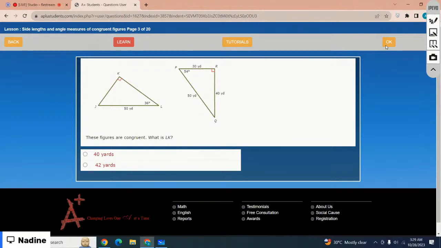These figures are congruent. What is LK? LK is congruent to RQ, right?